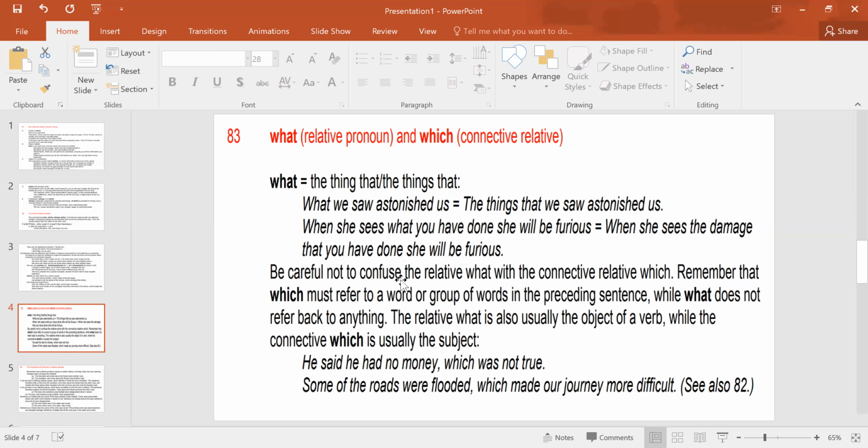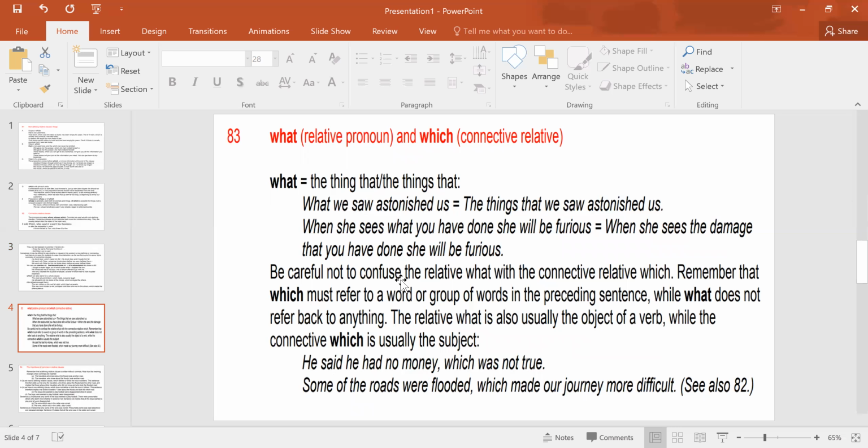When she sees what you have done, she will be furious. When she sees the damage that you have done, she will be furious. You can replace the example with this as well. Be careful not to confuse the relative what with the connective relative which. Do not confuse these two words. What is a relative pronoun and which is a connective relative.